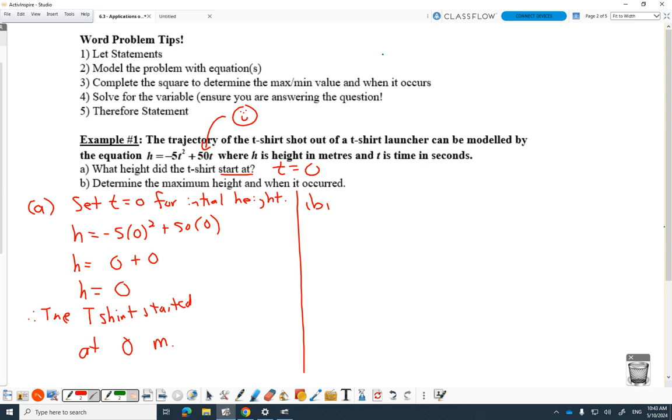So true. All right, determine the maximum height and when it occurred. Here's your brain. Boop, boop, boop. Max height.